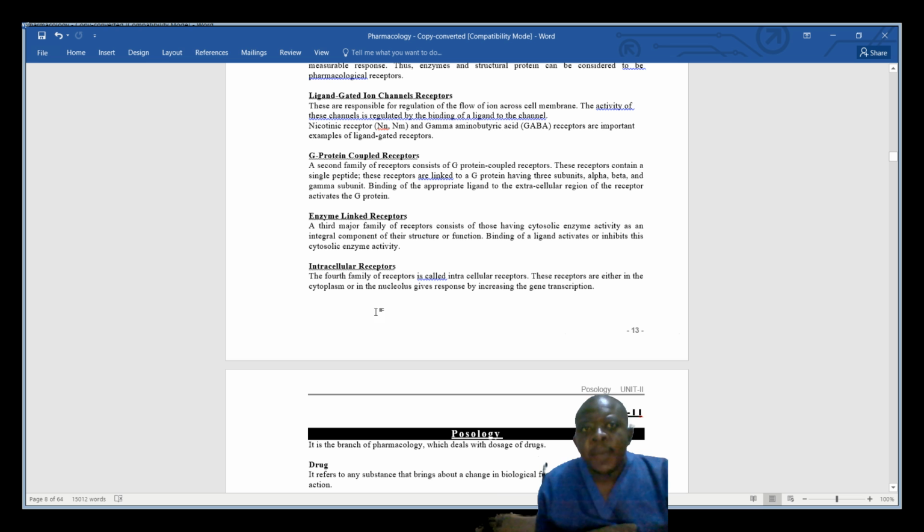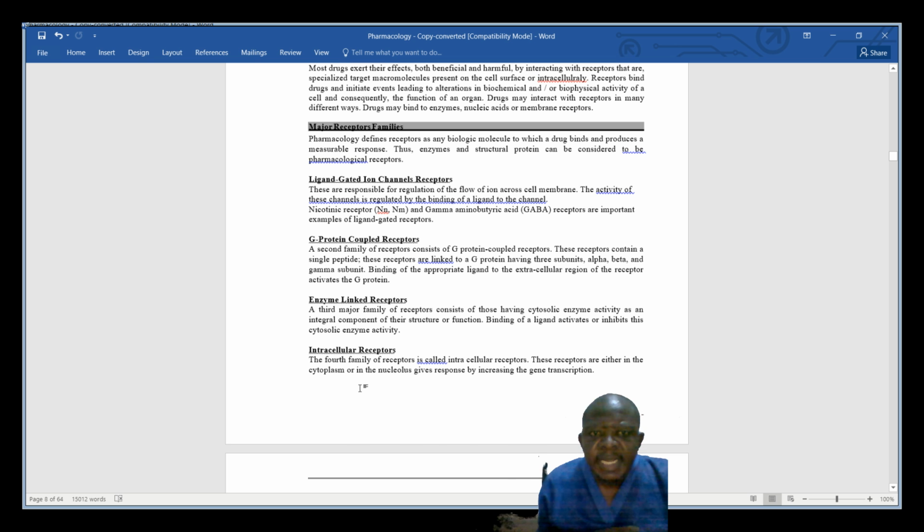Okay, so now the last receptor that we're going to talk about in pharmacodynamics is intracellular receptors. So intracellular receptors are called intracellular receptors because these receptors are either in the cytoplasm or in the nucleus.